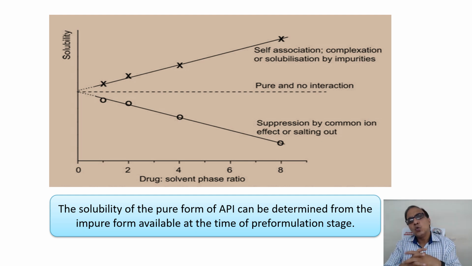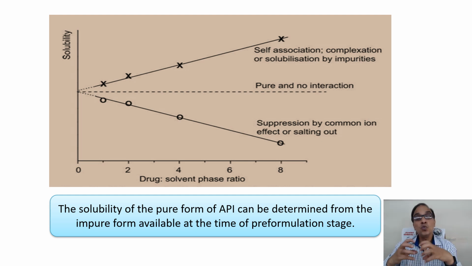It is also used for complexation, when you are putting two components together; impurity is a different component in the case of NDDS. So how the drug, polymer or other component will behave in certain ratios, and how their solubility is going to change, we will study by phase solubility for NDDS.